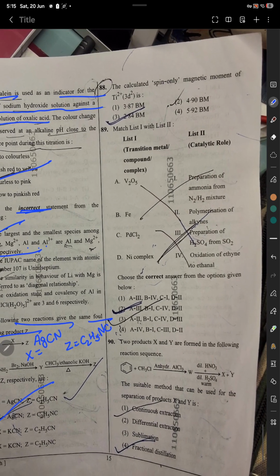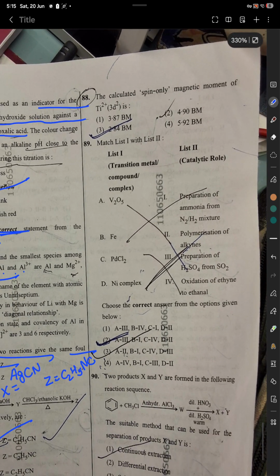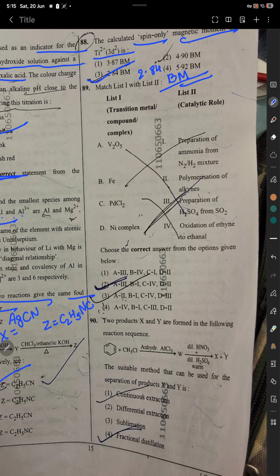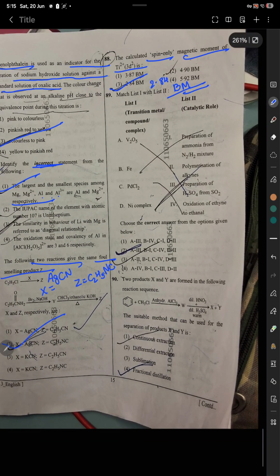Let's move to question number 88. The calculated spin only magnetic moment of this is 2.84 BM. Question number 89. Match the following, list 1 with list 2.